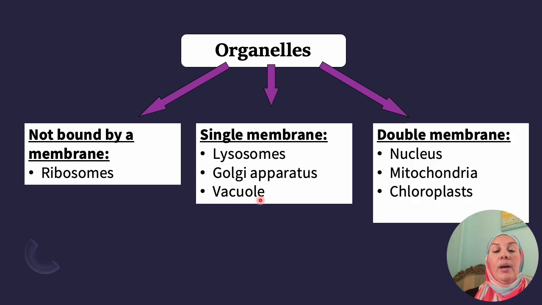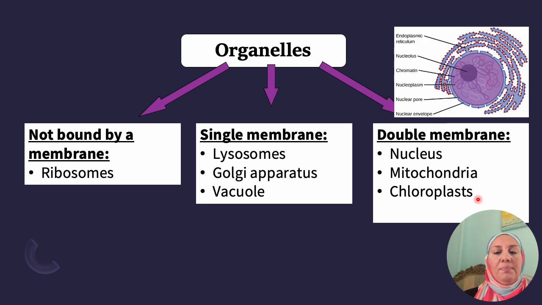Finally, we do have also organelles that are surrounded by a double membrane: nucleus, mitochondria, chloroplasts. And I like giving an example, making this easier to understand or easier to remember.